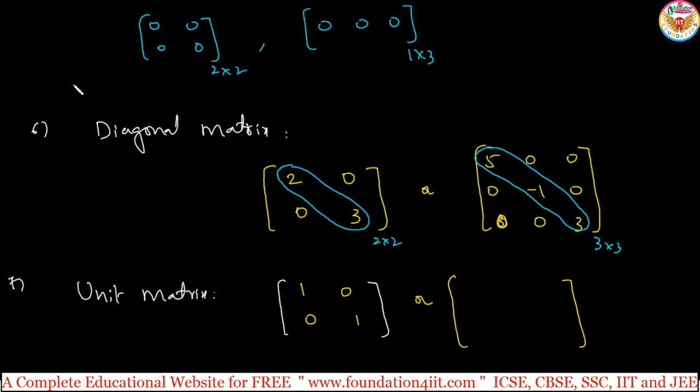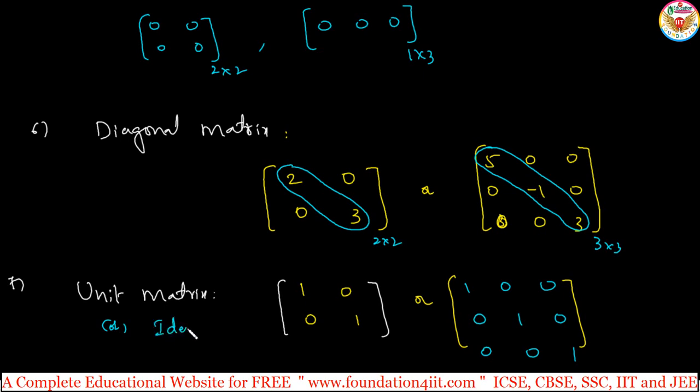For 3 rows, 3 columns: 1, 0, 0, 0, 1, 0, and 0, 0, 1. This is a diagonal matrix in which each element of its leading diagonal is always 1. It's a diagonal matrix, but the principal diagonal elements should be equal to 1. It's called a unit matrix or identity matrix.